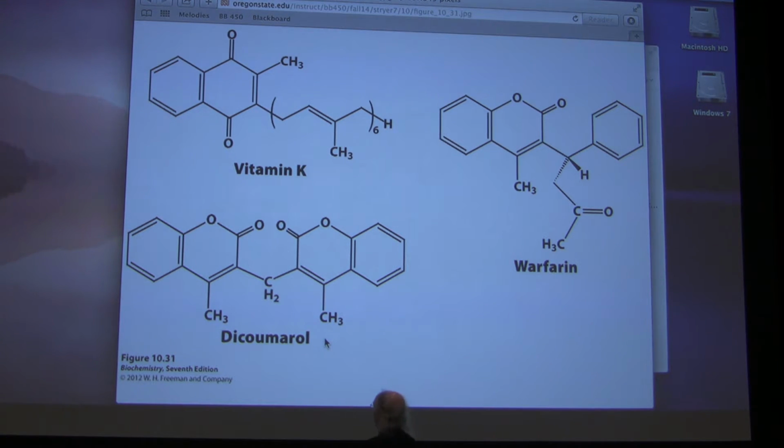Okay? They're called blood thinners because the blood literally is thinner in the sense that it's much less prone to form clots. And this is given sometimes to people who have a tendency to clot, or people who suffer from, say, heart problems, which may give rise to clotting situations and so forth.